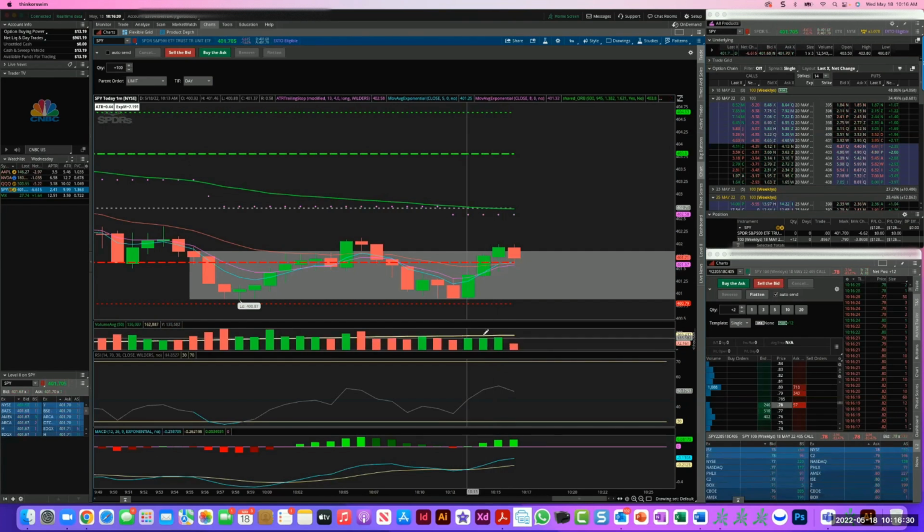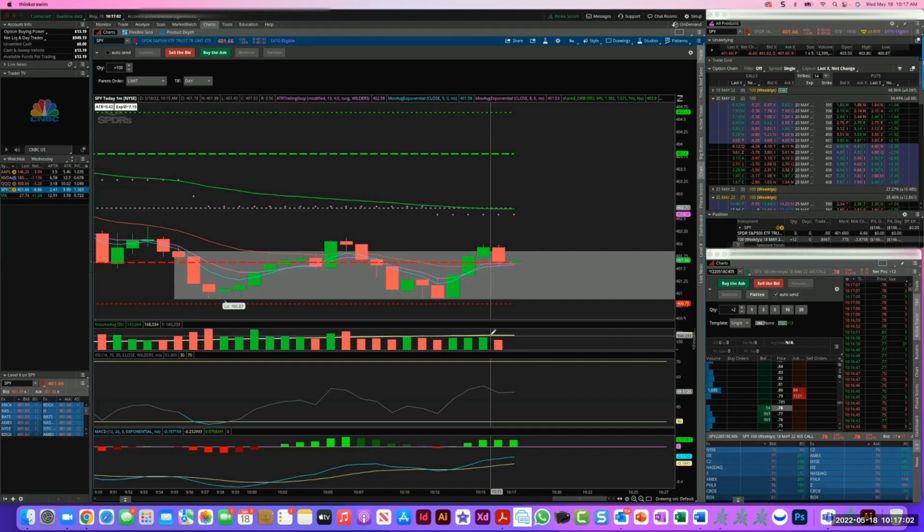But this goal line, which represents average volume, shows that there's not really any real conviction yet. So the VIX is hanging on to that 8-day EMA, trying to get above it.